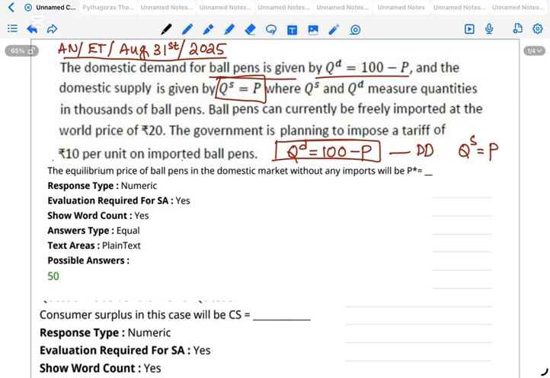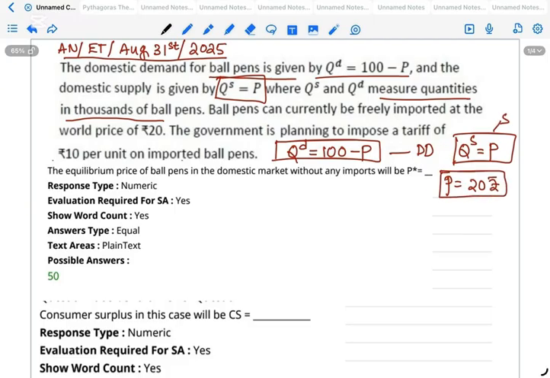The quantities QS and QD are measured in thousands of ball pens. The ball pens can currently be freely imported, that is, there is no import cost, at the world price, that is the price is given, of 20 rupees.